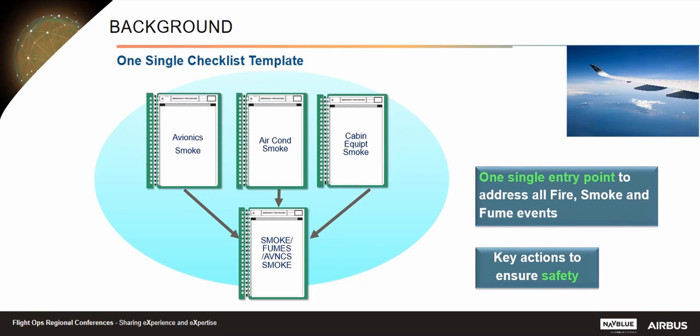So it was better to have one single entry to manage any smoke or fume events, with also some key actions, which are the immediate steps, in order to be able to ensure the safety of the flight at a very early step of the event.